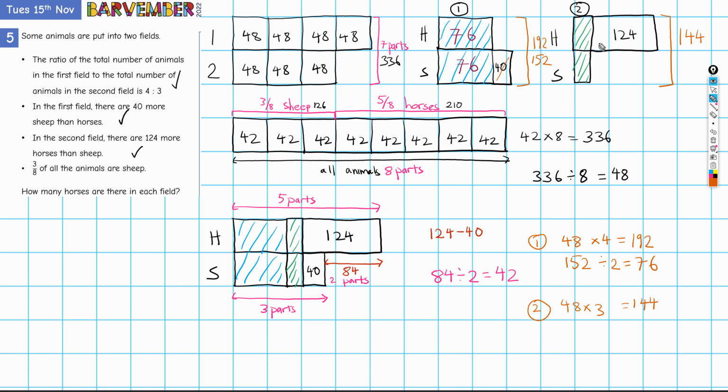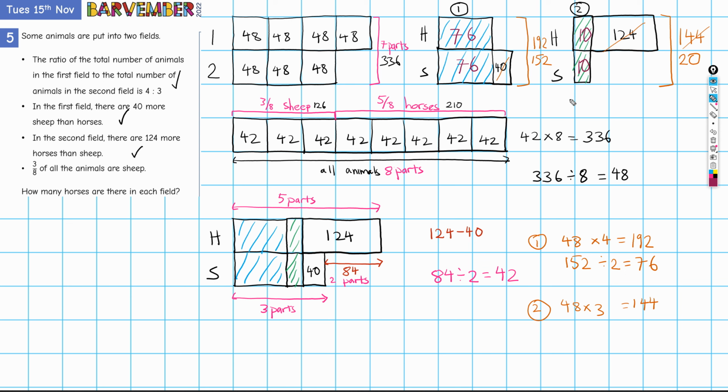And we can see that that's made up of these two equal parts plus 124. And if we got rid of that 124, we would be left with the value of these two parts. So we're going to take 124 from here, and that's going to leave us with 20. And 20 divided by 2, because 20 is these two parts, that means that each of these has a value of 10.